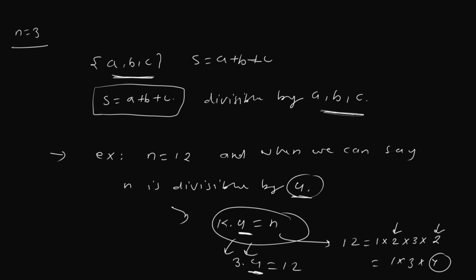So we have 4 present inside this. Then we can say that this number is divisible by that number when it must be present in the factors.